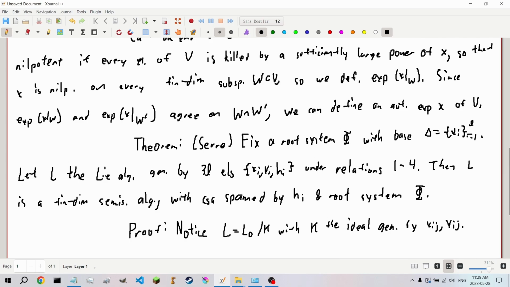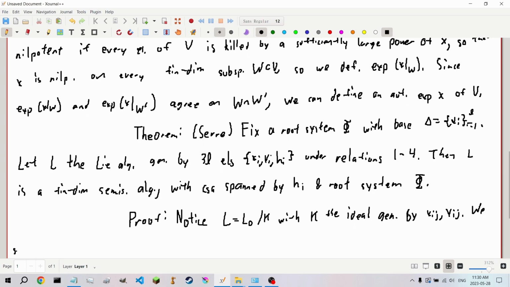And we're first going to work inside L0.